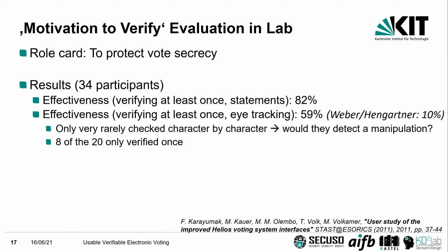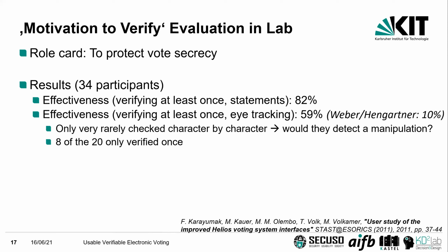So what can we learn from it? Besides that, it's important to use a roll card to protect vote secrecy. It's also important to use either eye tracking or at least screen recording to get a proof of what people actually did, because just asking them, they may state that they verified, although they did not.